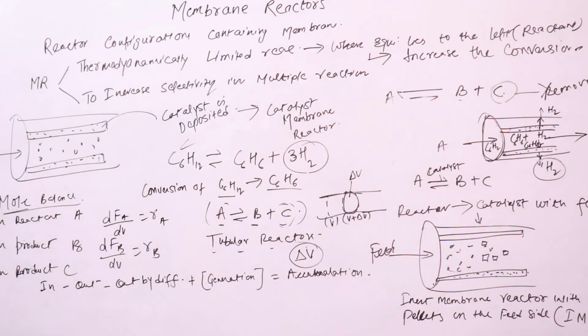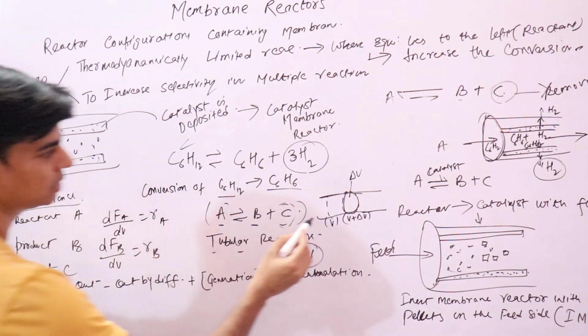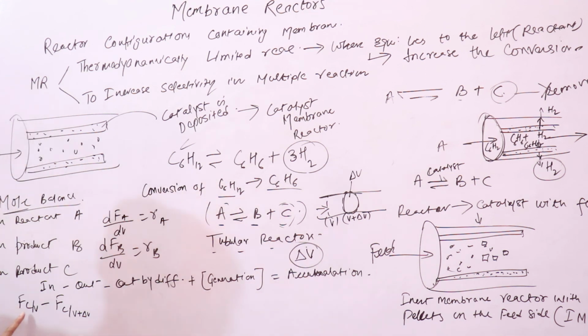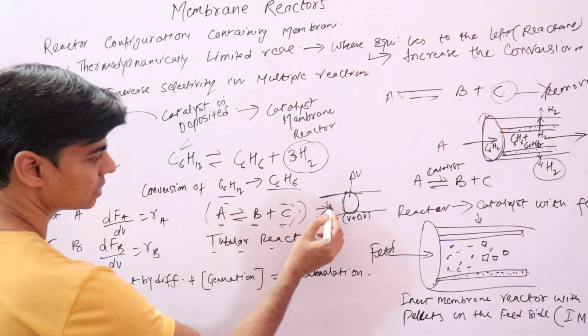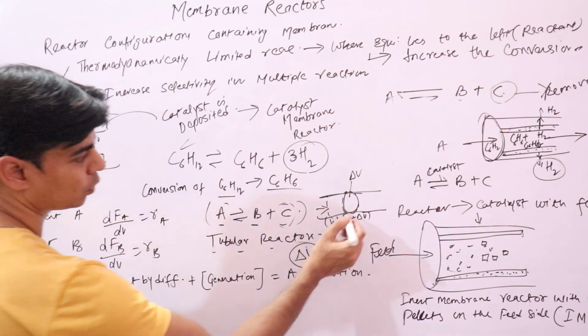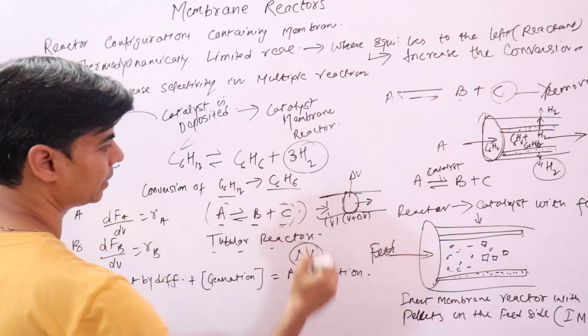Now this is your FC at V, minus out, FC at V plus delta V. Here we are considering delta V. So FC at V is what entered here at V, and FC at V plus delta V is what came out from here.